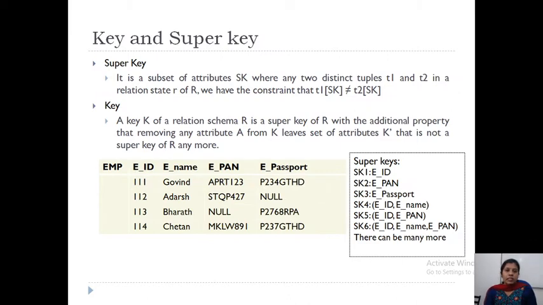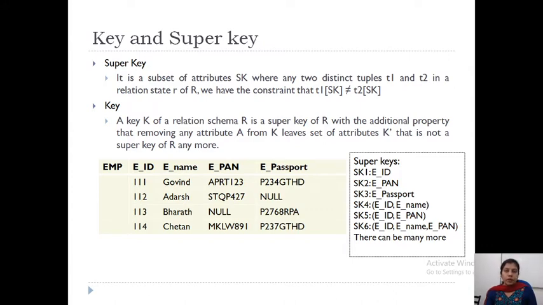Now there are different types of keys in the relational model. The first one is the super key. It is a subset of attributes where any two distinct tuples, say T1 and T2, in relation state R, have the constraint that T1 of Sk should not be equal to T2 of Sk.